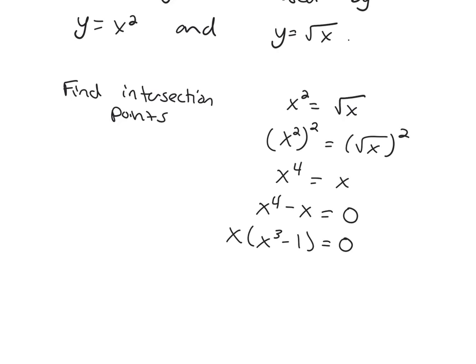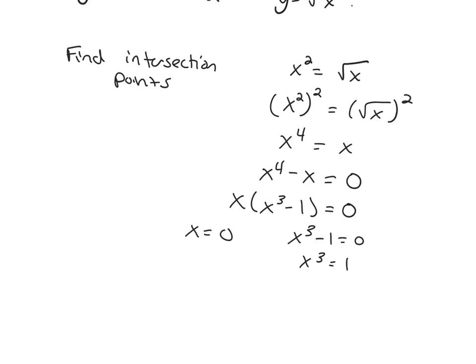So it looks like my two solutions are x equals 0, and x cubed minus 1 equals 0, so x cubed equals 1. What numbers give me x cubed is equal to 1? 1. That's it, right? x is 1.